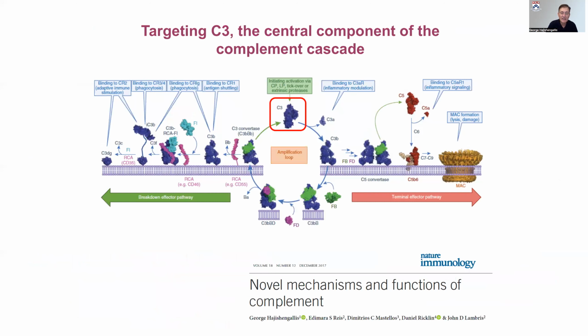So we see that C3 is important for induction of periodontal inflammation. C3 is also the central component of the complement system, so it is a rational target to treat periodontal disease.